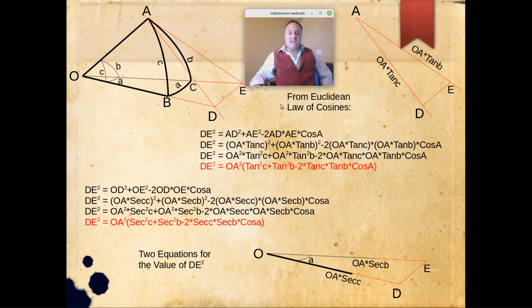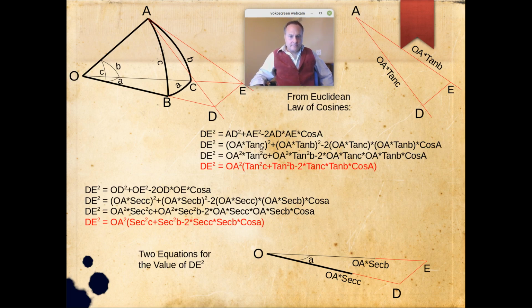And we replace each of these lengths. AD squared becomes this, and AE squared becomes this. And so we square OA times tangent C, we square OA tangent B, and here we have 2 times AD, which is OA tangent C, times AE, which is OA tangent B, times the cosine of the enclosed angle here.